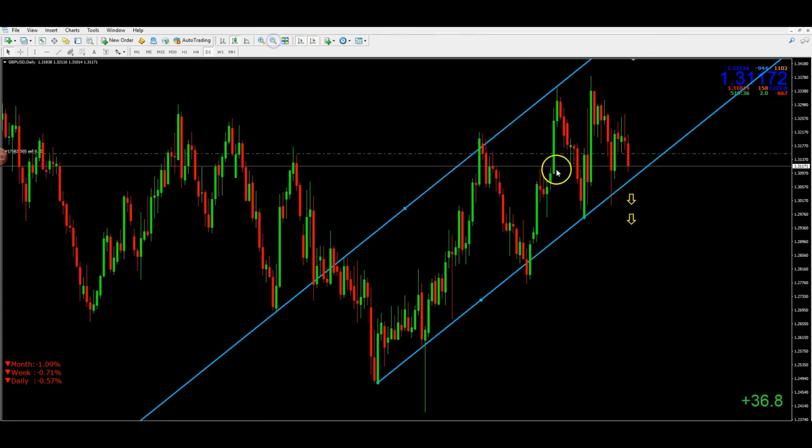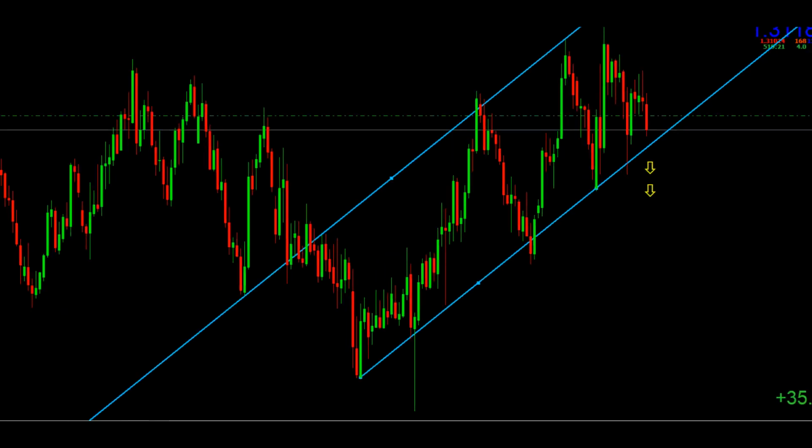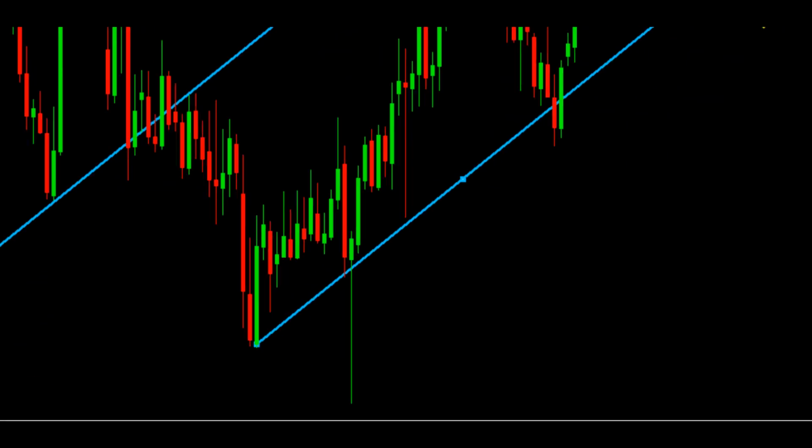Let's do that. So basically, if it gets to it, sometimes it might not even touch it completely, as we have here. It did not so much touch it. It just about touched it. Let's zoom in there for you. Okay, you can see here, for instance, it didn't quite touch the channel.